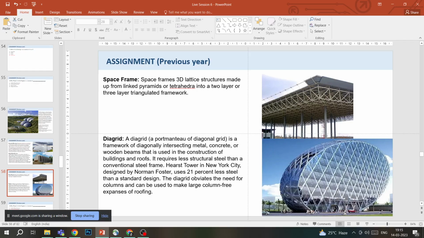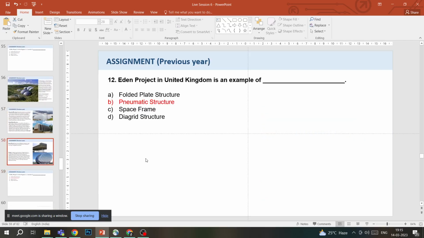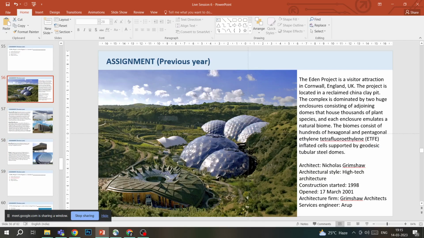And then diagrid is a framework again, of diagonally intersecting metal, concrete or wooden beams that are used in the construction of buildings and roofs. So coming back here, this is how this building looks like. So it's definitely not a folded plate structure. It is not a space frame because no truss is here.